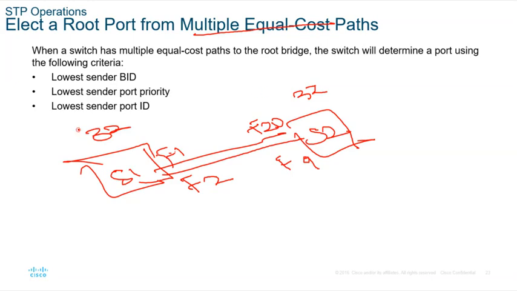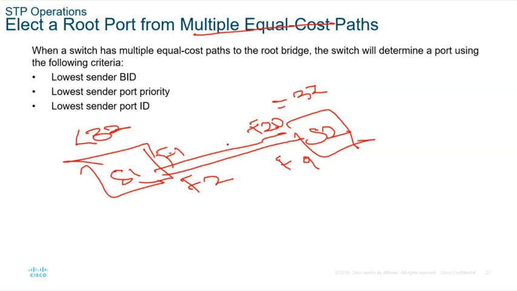Then automatically, this one is going to be the root bridge. So we expect this side to have all the ports designated, and on this side we expect one root port.